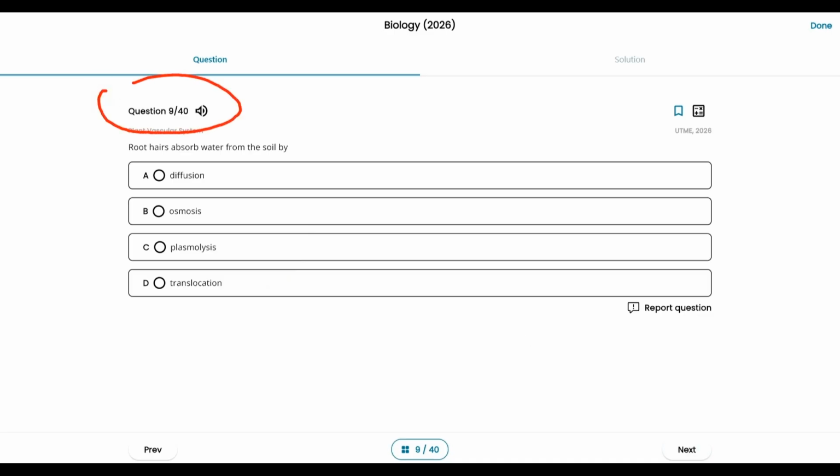Question 9. Root hair absorb water from the soil by option A, diffusion, option B, osmosis, option C, plasmolysis, option D, translocation.